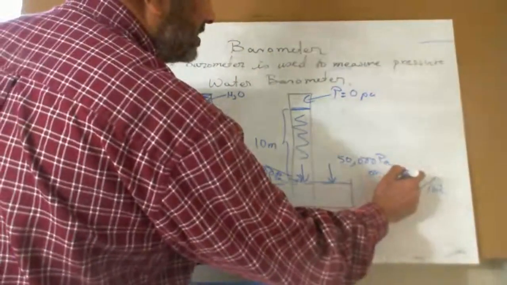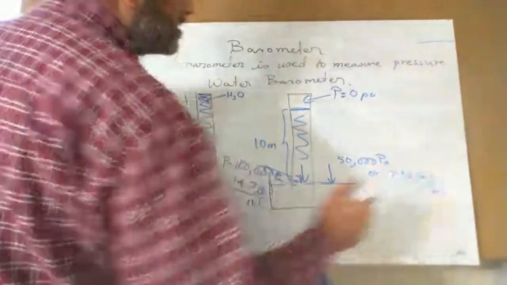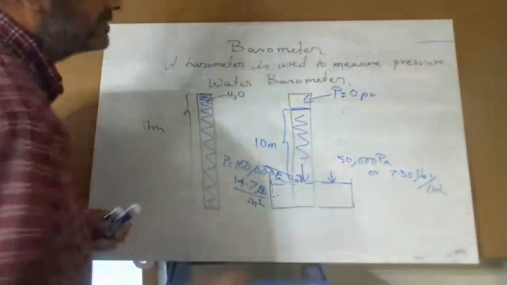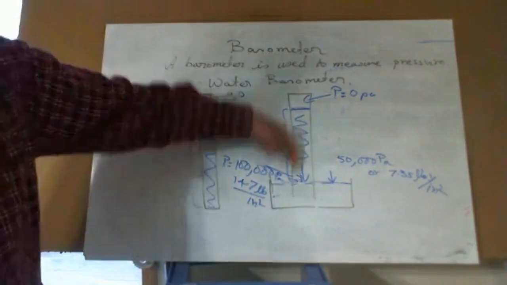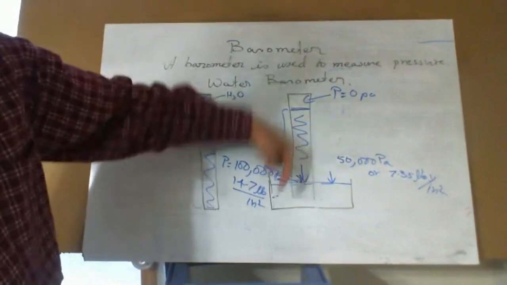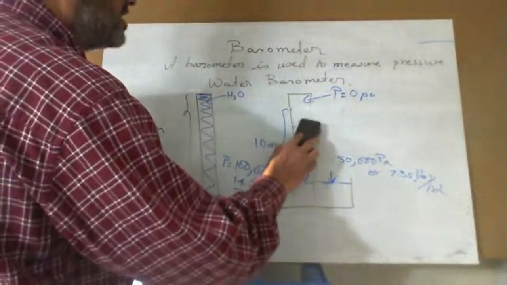Half of that, 7.35 pounds per square inch. So the pressure outside has dropped. It has become half. Okay. What do you think will happen to the water? Because the pressure here is greater, the water will be forced down. And the water will empty itself until it reaches what height?